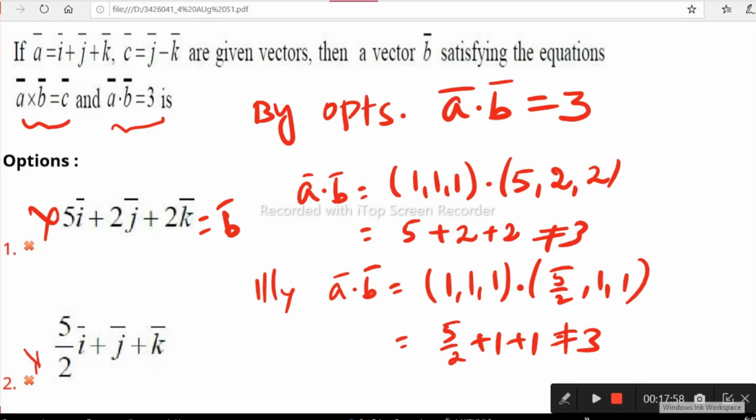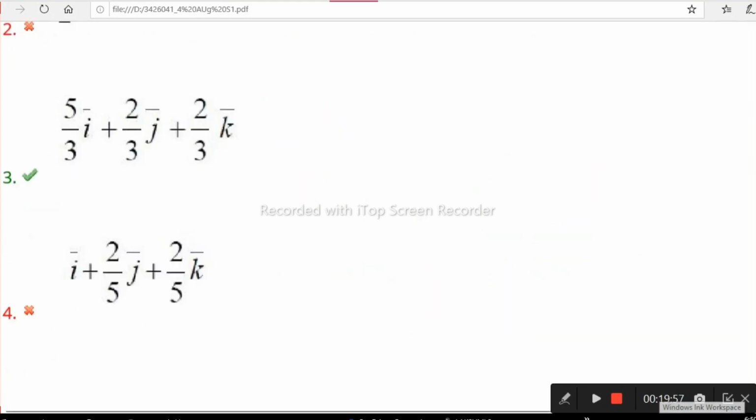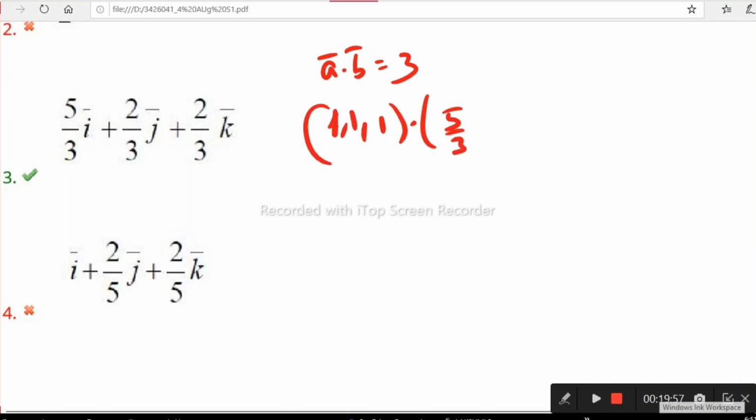For option verification, there we took I plus J plus K as 1 1 1. For the next options, if the options repeat, verify A cross B equals C, because doing both would waste time. Yes, look at the third option. We are checking A dot B as 3. I said B is in the options, and A is what was given, I plus J plus K, which I took as 1 1 1. Dot the third option, 5/3, 2/3, 2/3. So we can observe 1 into 5/3 plus 1 into 2/3 plus 2/3.